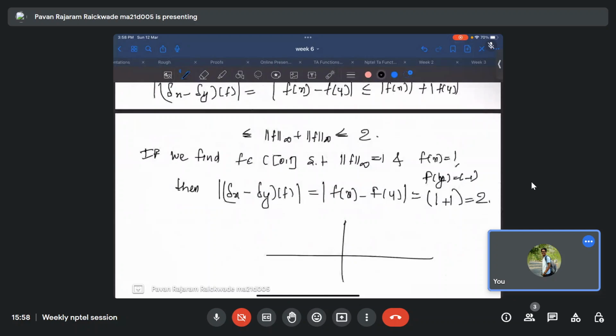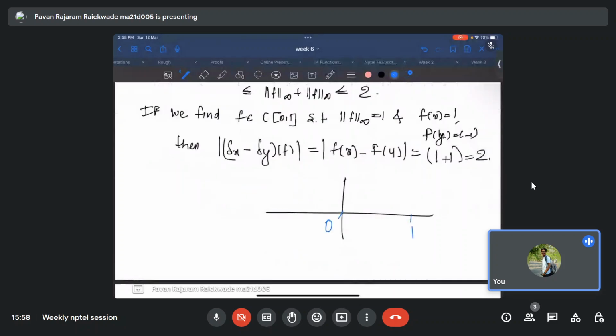For any x and y, suppose x is here and y is here.